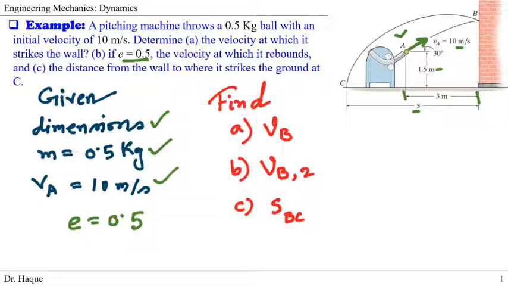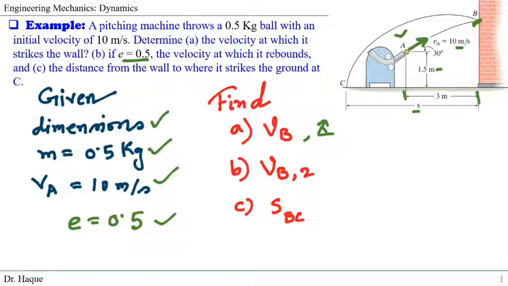So what are the things that we have to find? We have to find the velocity at which the ball strikes at point B. So we call it VB, and it's at an angle, so we might also have to find the angle at which it strikes at point B. Next, the problem says if the coefficient of restitution is 0.5, what is the velocity at which it rebounds?